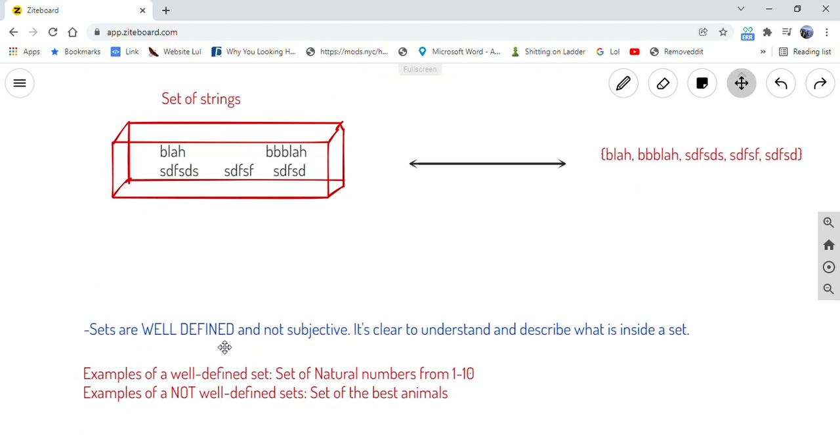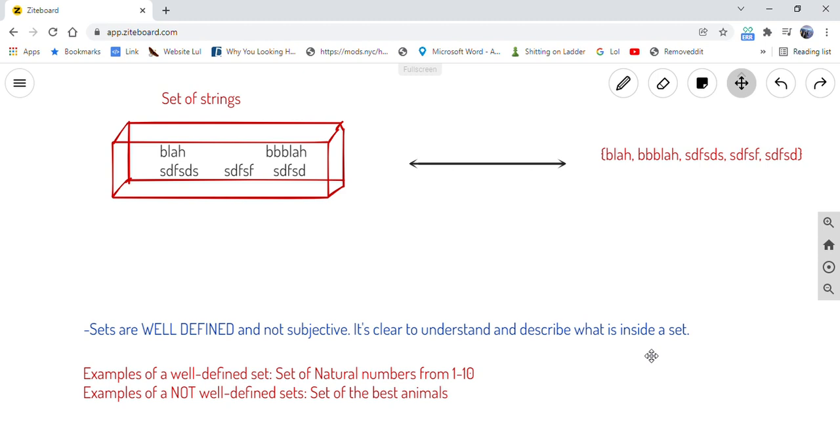Sets are also well defined. They aren't subjective. Well defined, as in it's clear to understand and describe what is in a set. So here you can read over this example: a set of natural numbers from 1 to 10. That's very mathematically precisely defined. This is a well-defined set. What's not a well-defined set are usually sets outside the scope of mathematics, like the set of the best animals.